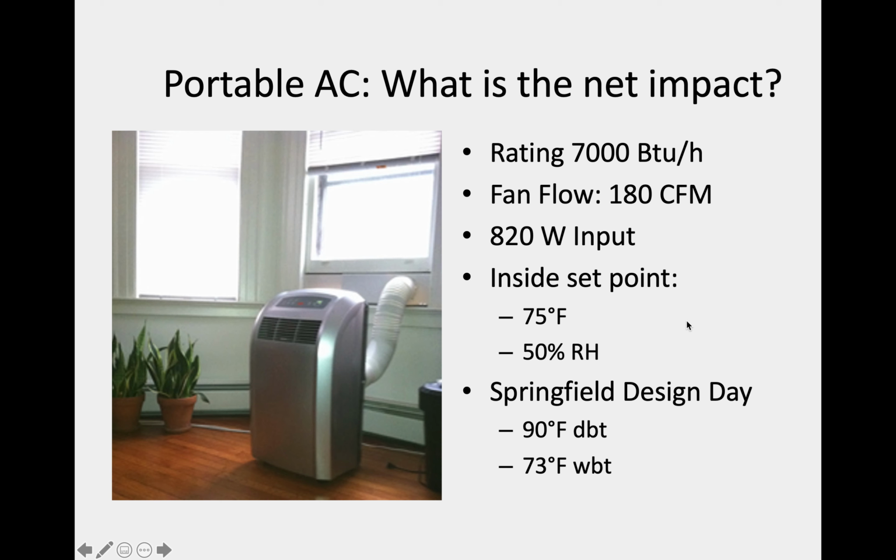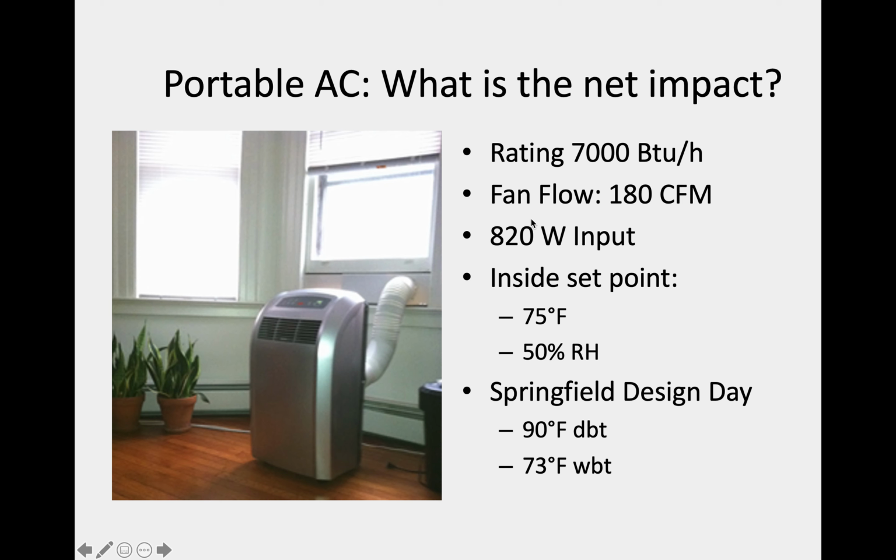So I've taken a real one that I've seen. This is an air conditioner, and the rating for it is 7,000 BTUs per hour. That means it is capable of removing 7,000 BTUs of heat from the inside. And we know that heat comes in two forms in the air: sensible heat and latent heat.